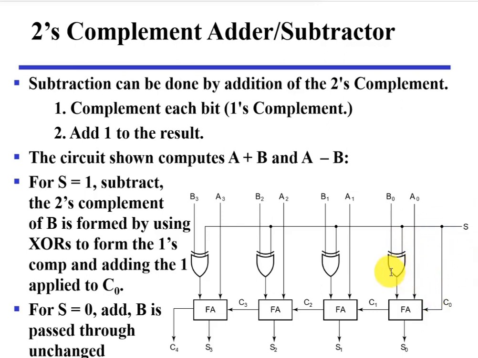This 2's complement is formed at the output of the exclusive OR gates. This is basically the 1's complement, and then for 2's complement we need to add 1, so 1's complement plus 1. Adding the 1 to the result is achieved using this carry in, C0. If S is 0, then the circuit functions as an adder.